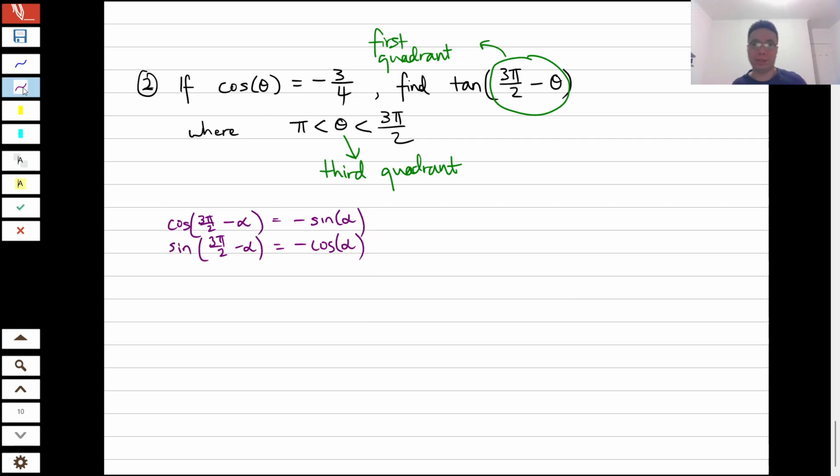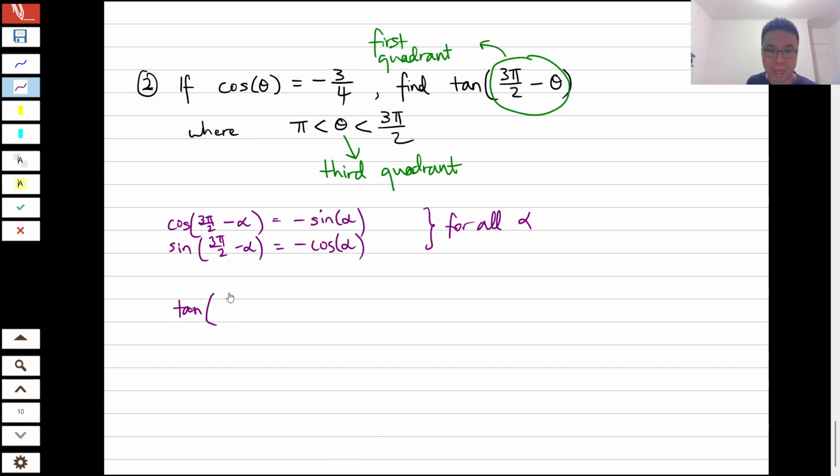Now we can solve this question. So we've derived these formulas, and now the question is, can we find tan of 3 pi on 2 minus theta? Well, remember, these equations hold for all angles alpha, so it also holds for theta.